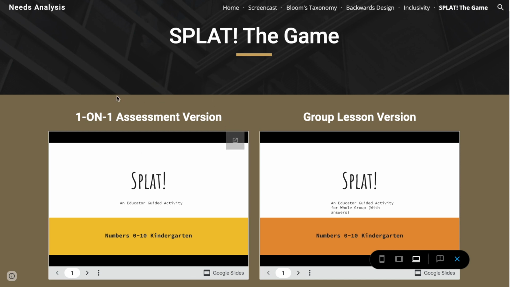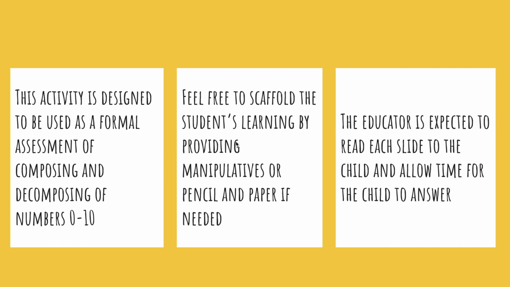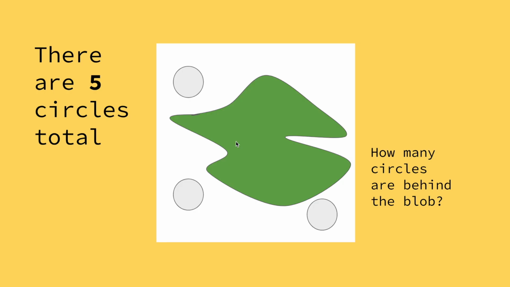So we made one version. It's an assessment version for our one-on-one assessments with the children, and then we created a group lesson version to help those students after our assessment. So in the one-on-one assessment, it's educator guided, and the educator is to read.